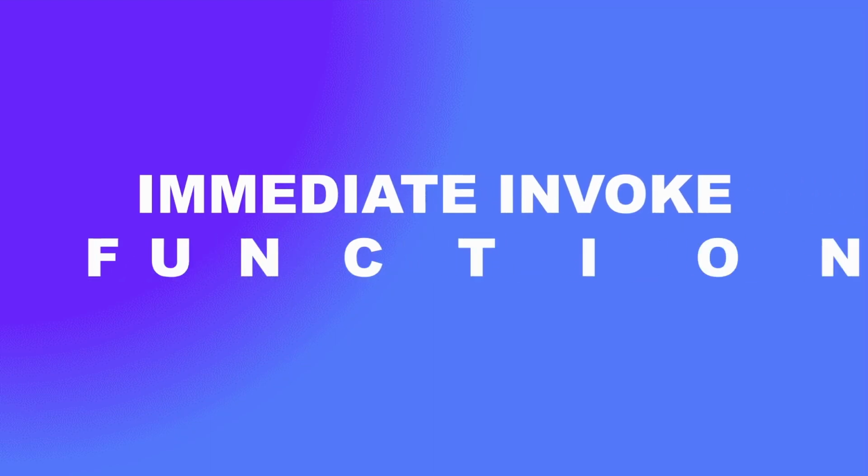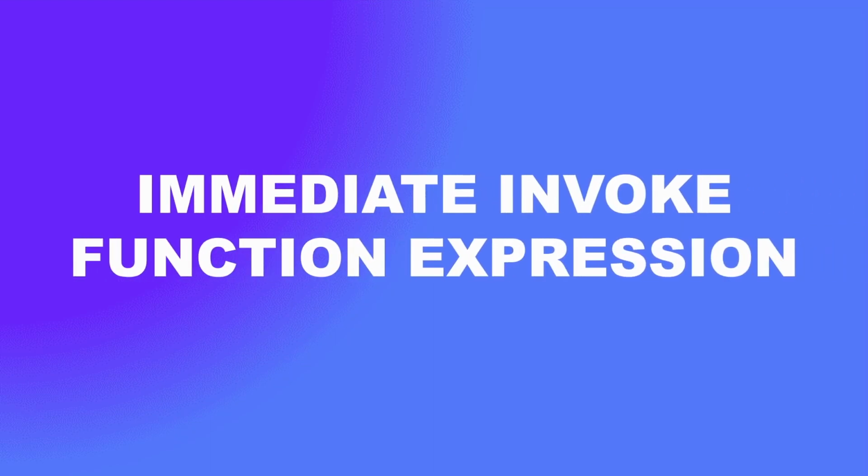We call this an immediately invoked function expression. With this we can use the code multiple times and the system will not have any complexity in understanding the scope of the variable.